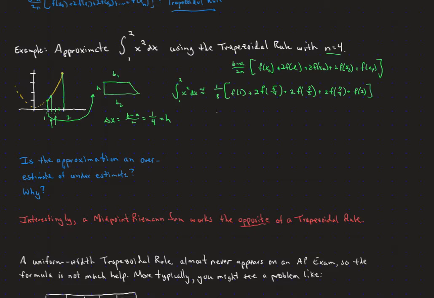So if we plug that in, we're going to get 1/8 times f of 1, which means plugging 1 into our x squared function. That's just going to be 1. We're going to get 2 times 5/4 squared, which is 25/16, plus 2 times 3/2 squared, which is 9/4, plus 2 times 49/16, and 2 squared is 4.